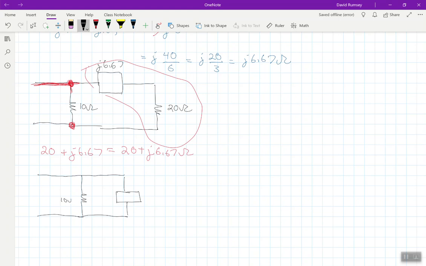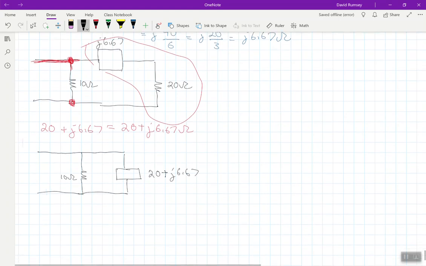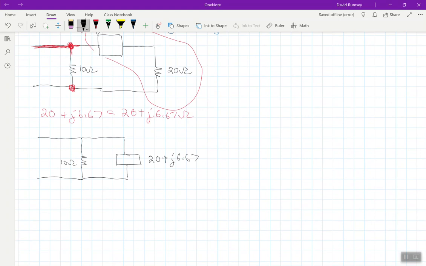This is a 10 ohm still, and then this is, I'm sorry, I can write the J first, but I should always write the real first. 20 plus J 6.67.